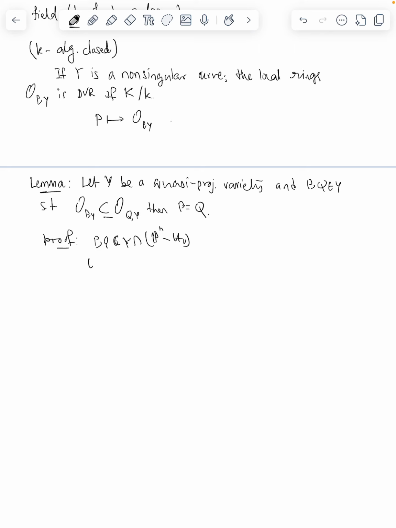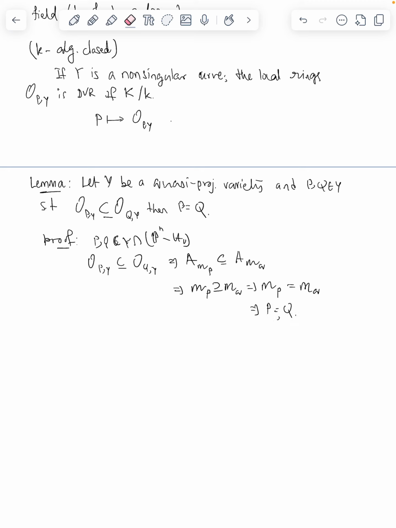But in that case, the local rings correspond exactly to the maximal ideals. So if A is the affine coordinate ring of Y, then this is exactly this, and this is like this, but both of them are maximal, so they are exactly the same, meaning the points are the same.